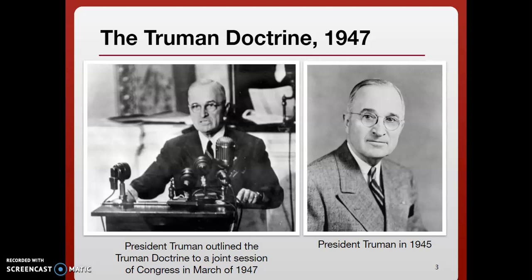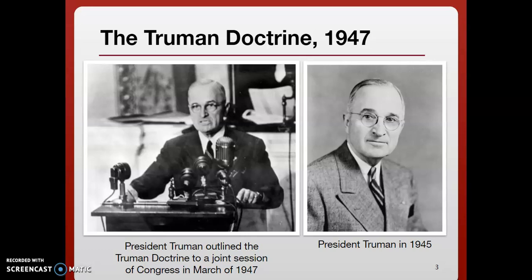What the Truman Doctrine is, it's a piece of paper that basically gives the United States' stance on communism. With the Truman Doctrine, the United States basically said, we are going to stop communism wherever it pops up. This was our way of saying that we don't like communism and we want to stop it wherever it is.